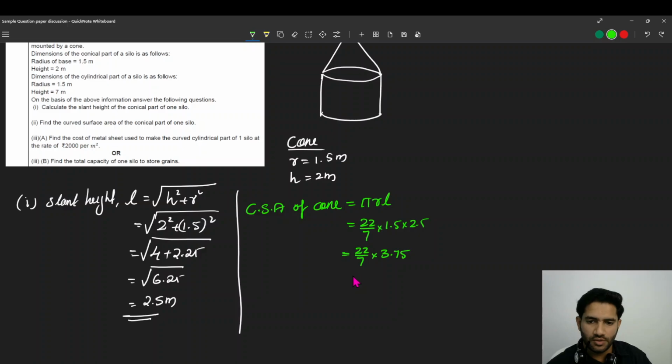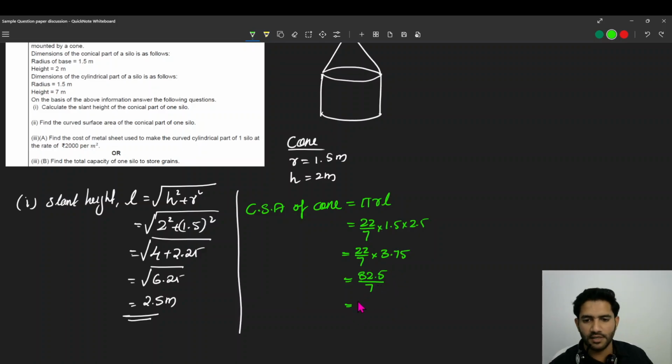So that means multiply 22 into 3.75. 3 into 22 is 66, then 3/4 of 22 gives 16.5, so we get 82.5 divided by 7.